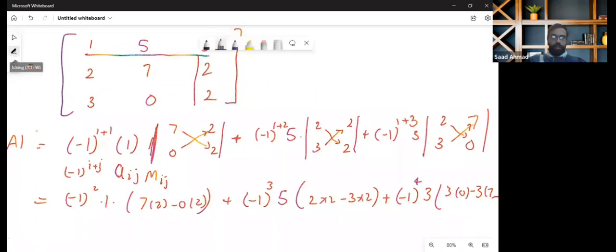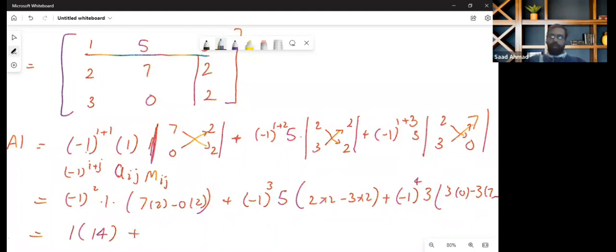Now we can see that -1 to an even power will make it positive, so it will be 1. 1 times 1 is just 1, and 1 times 14, because 7 times 2 is 14. 14 minus 0 is 14.